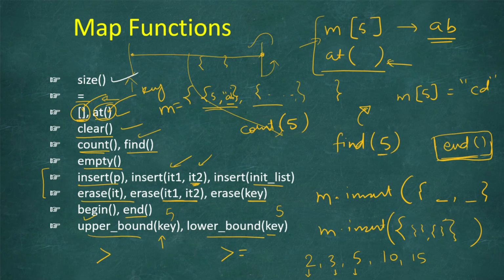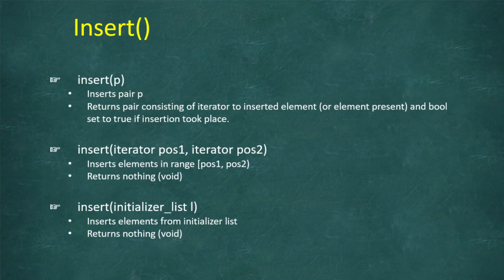And if we call upper bound 5, it will return 10, more than this. If we call lower bound 5, it will return 5. But if we call upper bound 7, which is not actually present, then it will return 10. And lower bound will also return 10. So in that case, there will not be a difference, but if it's present, it will make a difference.